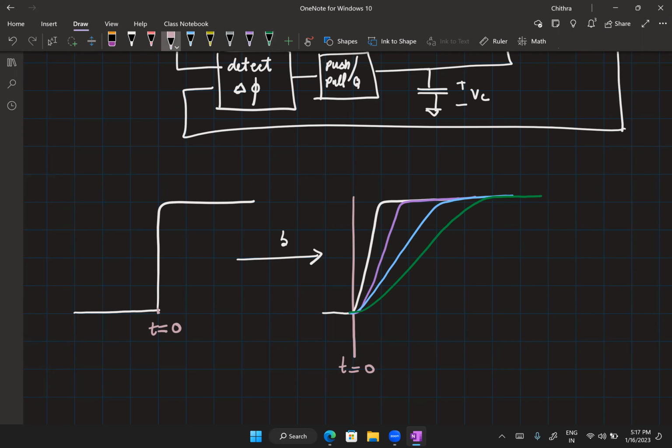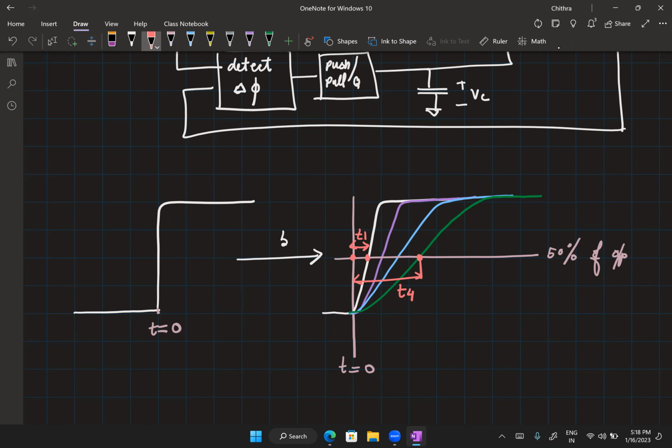Now, if our point of reference is 50% of the output, which is usually the case, then you see that for each of these waveforms, I get a different delay. So if this is my T1 and this is my T4, you can see that T1 is much, much smaller than T4.